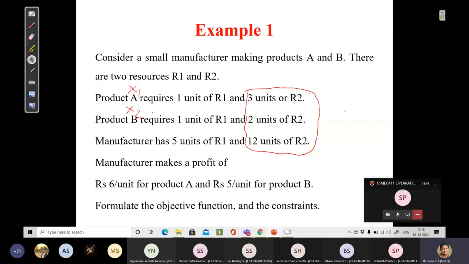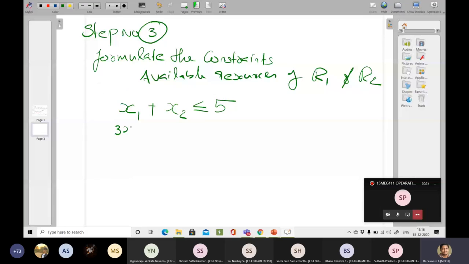So this gives constraint 1, x1 plus x2 less than or equal to 5, and this forms constraint 2 for R2, 3x1 plus 2x2 less than or equal to 12.